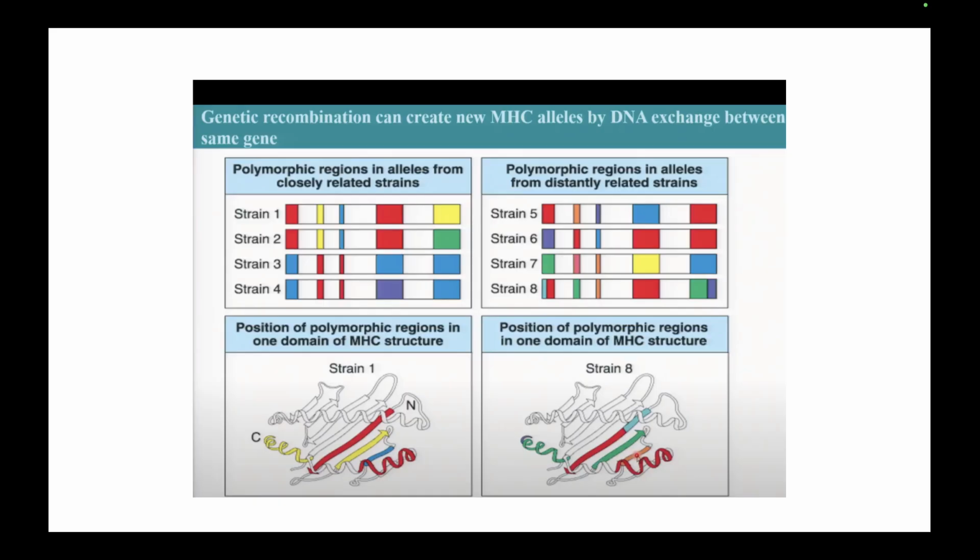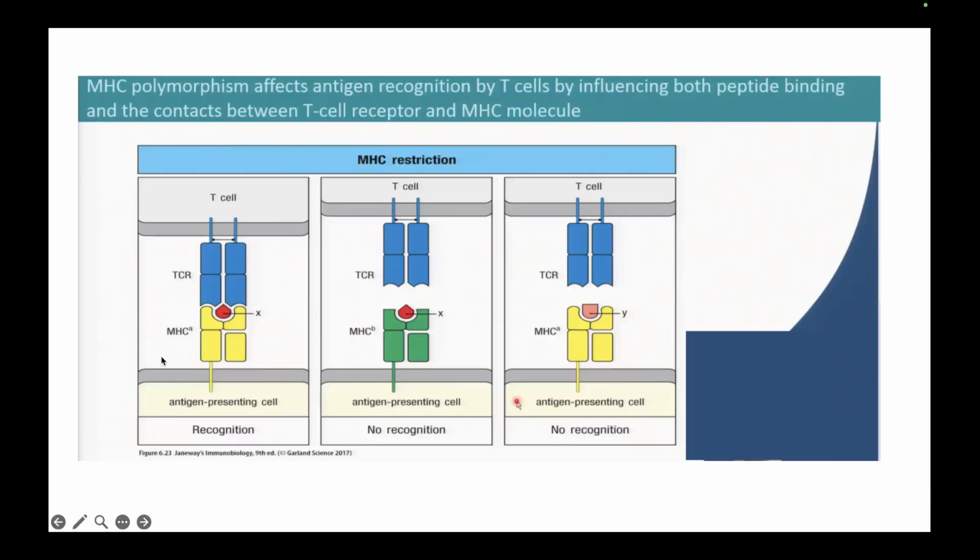So what we can say here is that as there is a different gene or different allele, or a polymorphism in those sequences, the ultimate structure of the MHC will also differ. That will create structural variability. So not only the binding of antigen, but also the binding of this MHC with the T cell receptor will be affected.